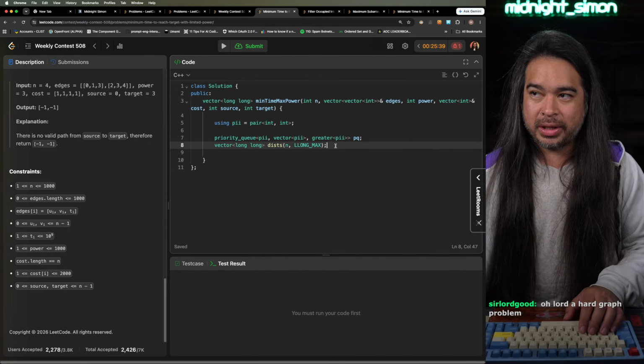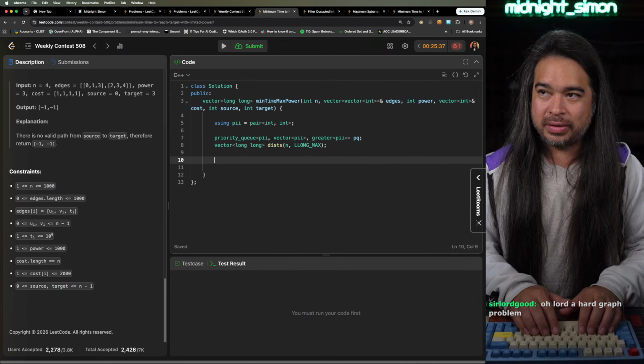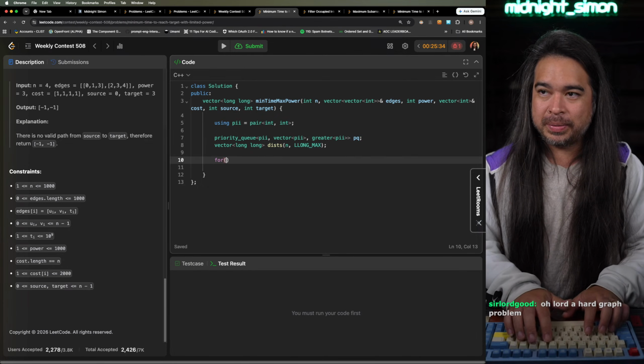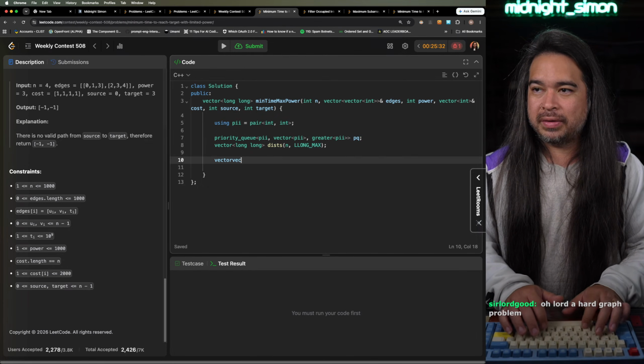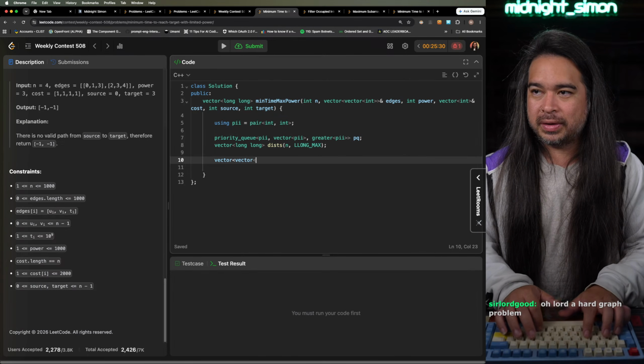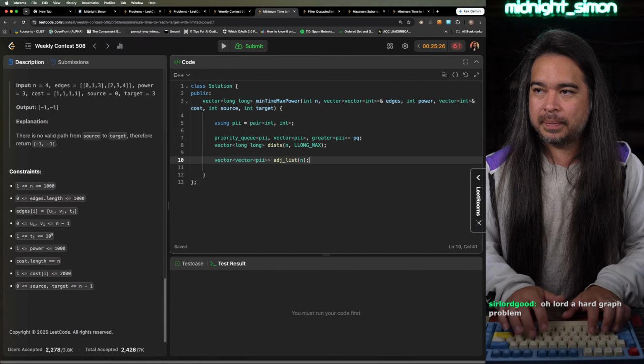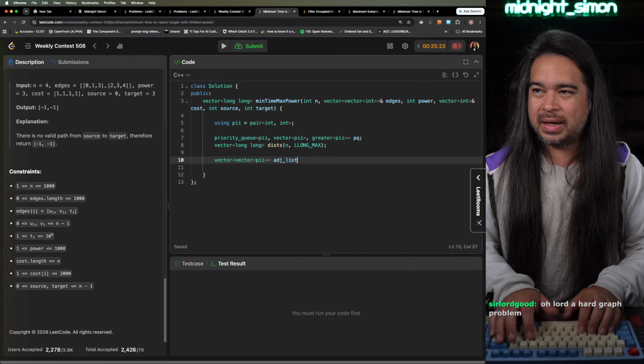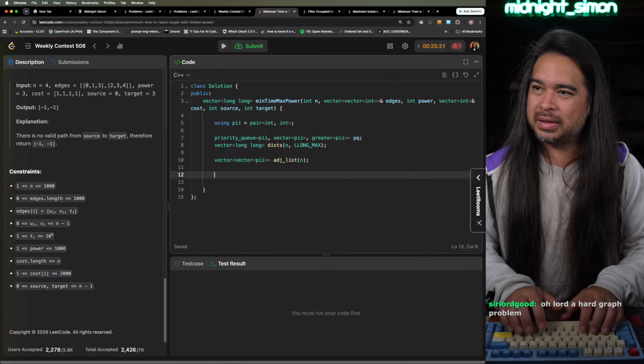Long max. What else do we need for Dijkstra's? I'm not sure, man, but let's try and make the adjacency list now. Vector of pair int, size n, I guess.